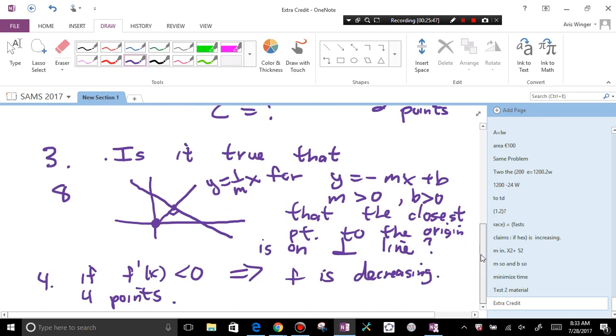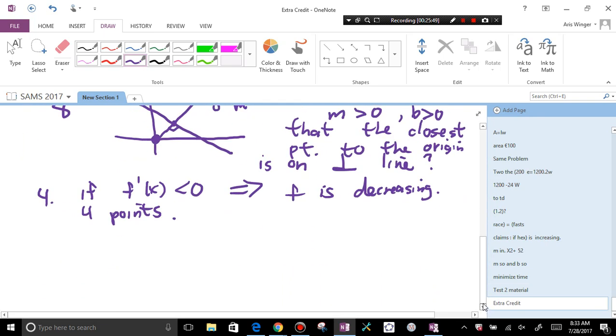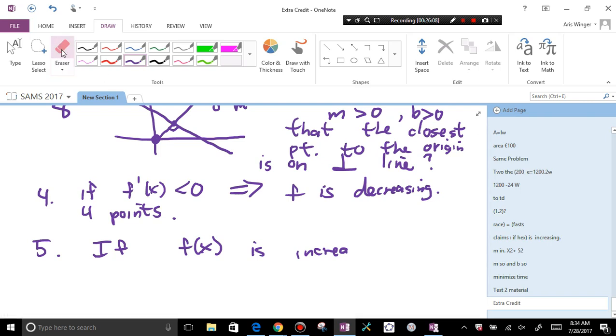The claim is that if h of x is increasing, then the critical numbers for g of x, where g of x equals h of f of x, are the same as the critical numbers of f of x. And what was the function inside? No, h of x is increasing. That's right.